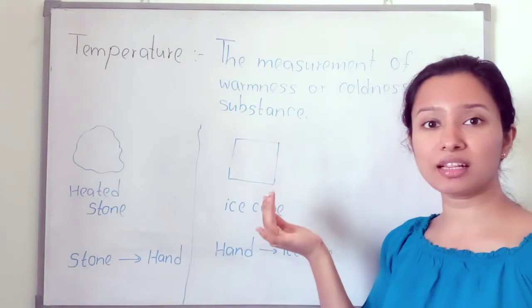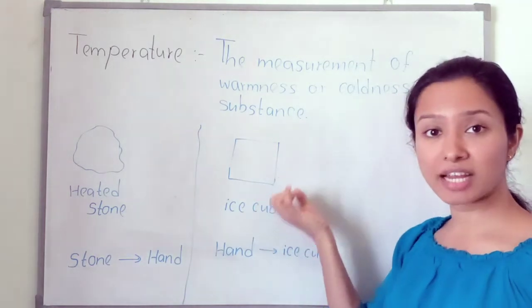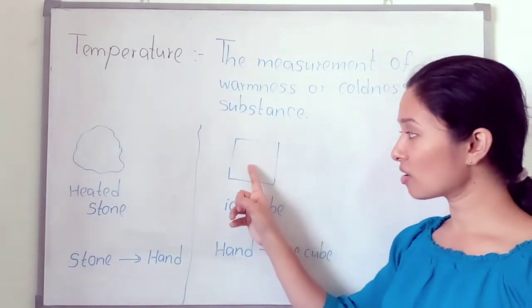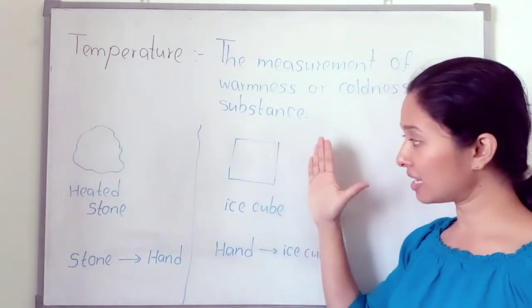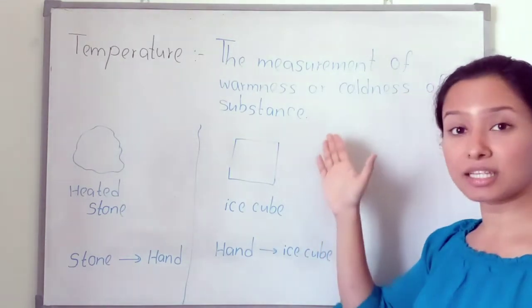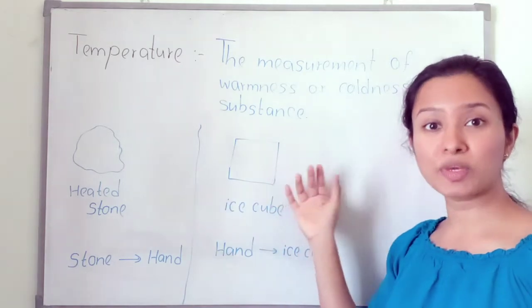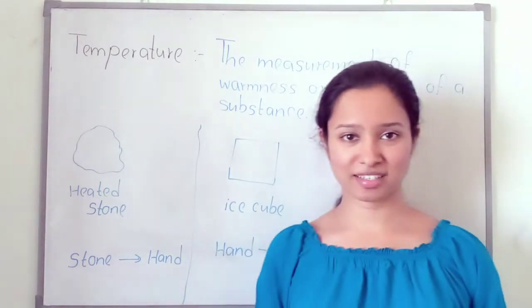Then we can feel cold. The temperature of our hand reduces because this is a cold one and our hand is a warm one. So the heat in our hand transfers to the ice cube. Then we can feel cold. Okay.